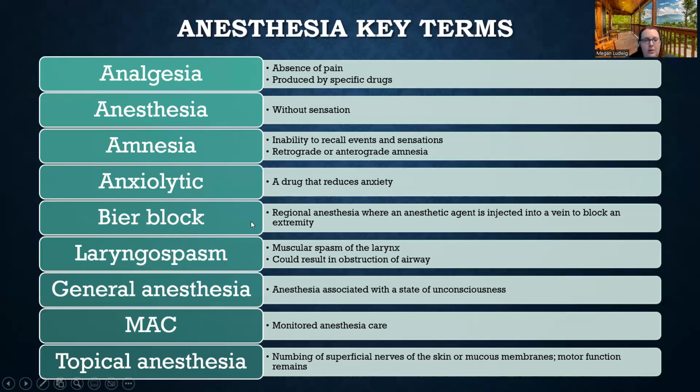So a Bier block is a type of anesthesia we can give to a patient that is called a regional anesthesia. So an anesthetic agent, a numbing agent, is going to be injected into a vein that blocks an extremity. So typically they're going to do a Bier block, usually on an arm, because if they're going to need to numb a leg or something in a lower extremity, they'll probably do it as a different type of regional anesthesia, like a spinal or an epidural anesthesia, which would numb from that injection site on the spine and down.